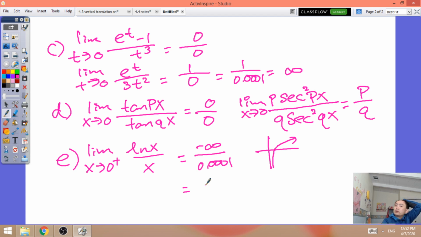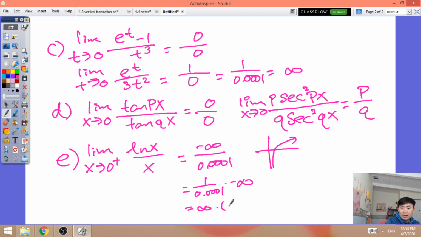Or you can do it separately, so you can just say that it's 1 over 0.00001 times negative infinity. So 1 over 0.00001, that's infinity.